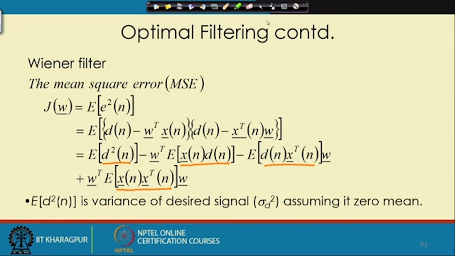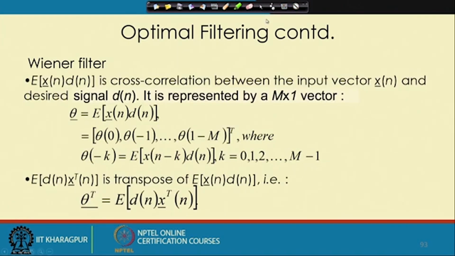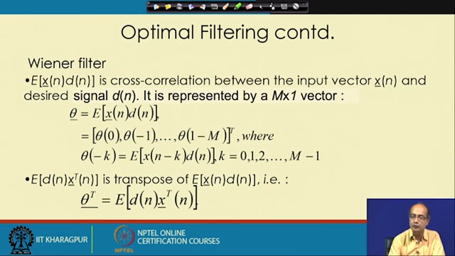Now, let us look at what the other constituents are here. Second, the part we look at is the x n vector and d, a cross product between the input vector x n and the desired signal d n.